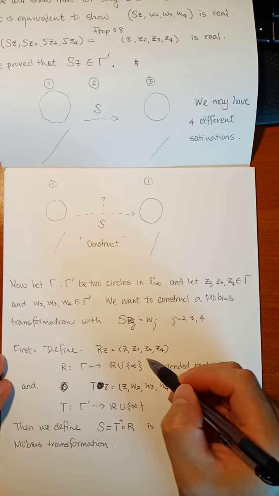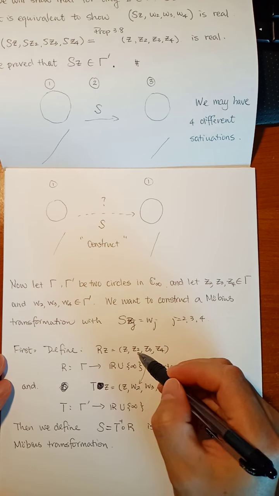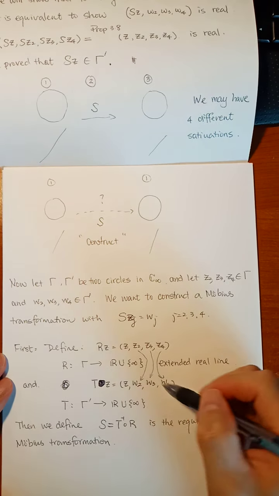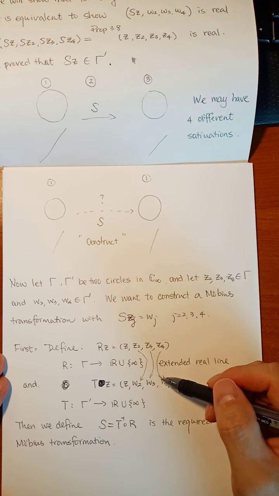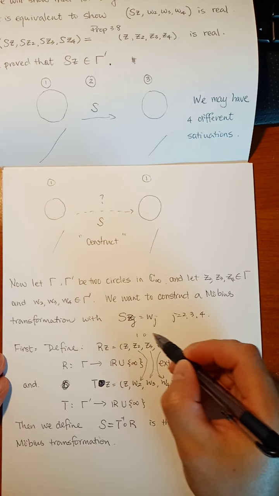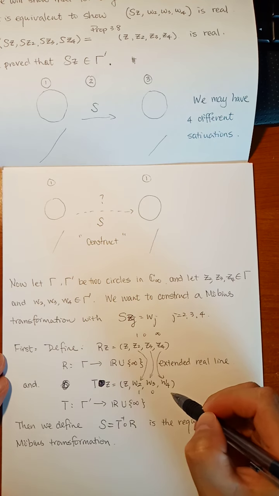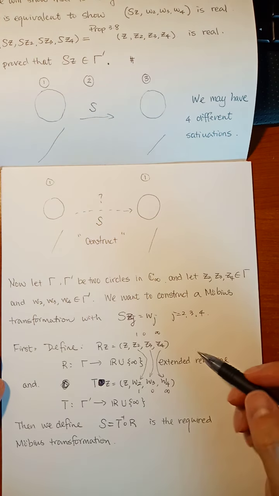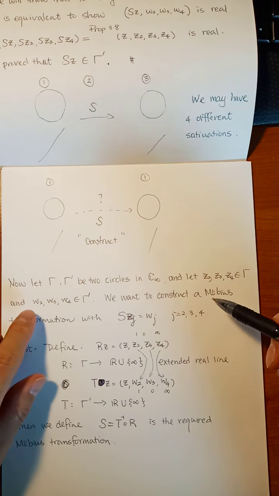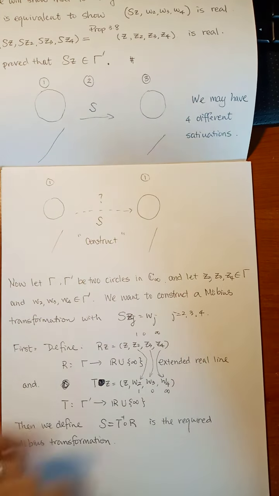Because you see here, it connects Z2 to W2, Z3 to W3, and Z4 to W4 by the definition of a cross ratio. By the definition of cross ratio, this is 1, 0, infinity. This is 1, 0, infinity. And also, it guarantees that it maps circle onto the circle, right?